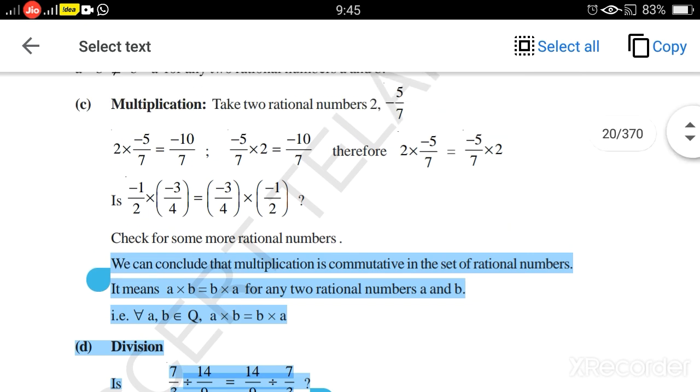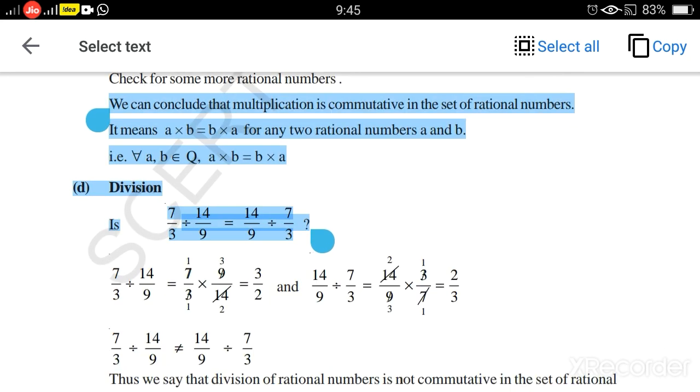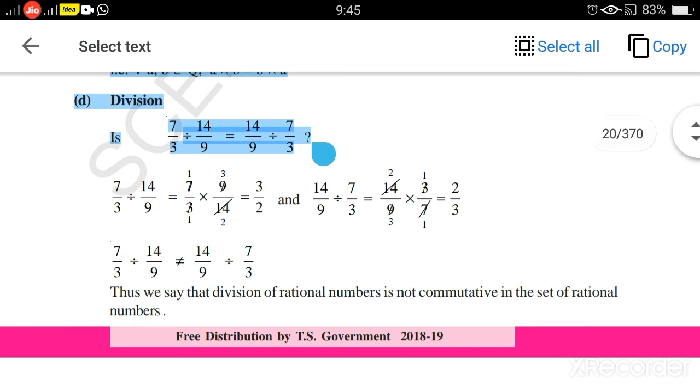Now I am going to discuss division. Take two rational numbers: is 7/3 divided by 14/9 equal to 14/9 divided by 7/3? Let's check.